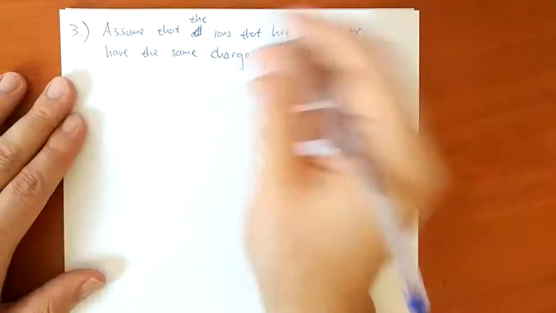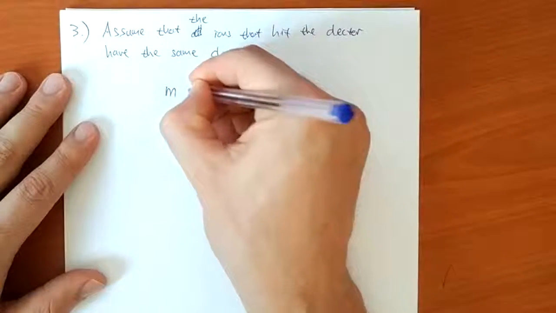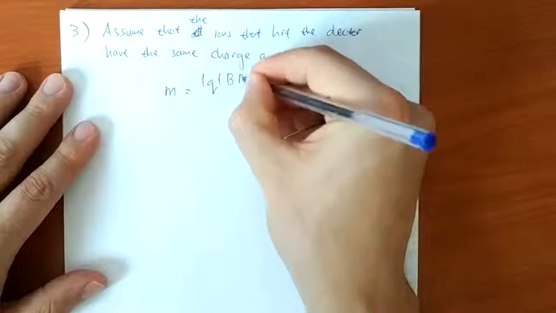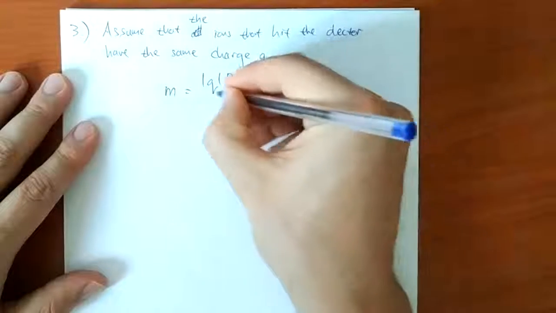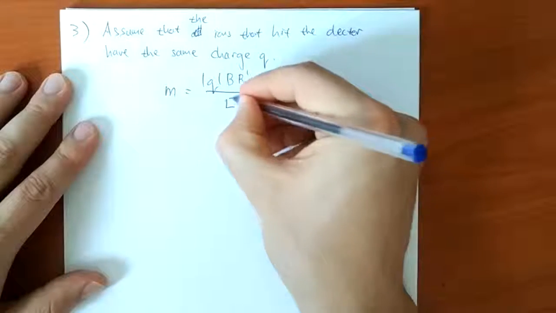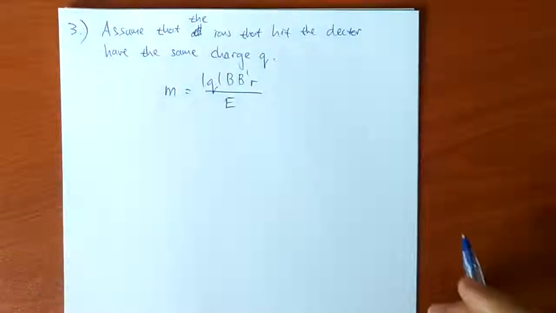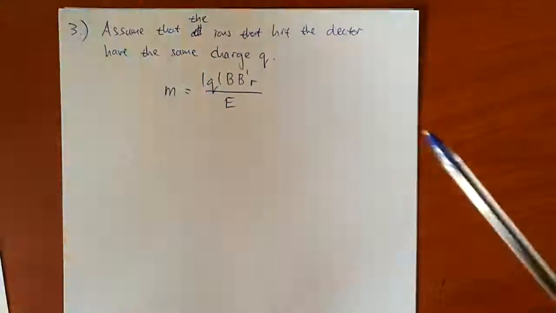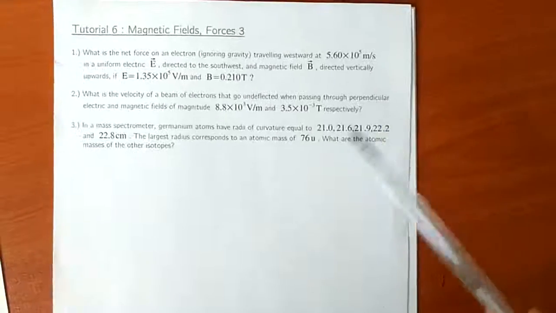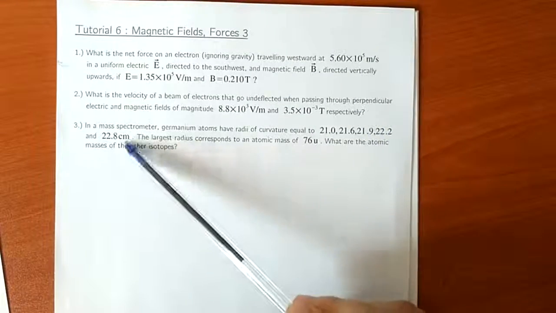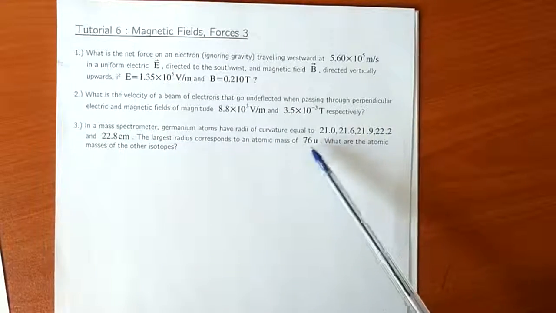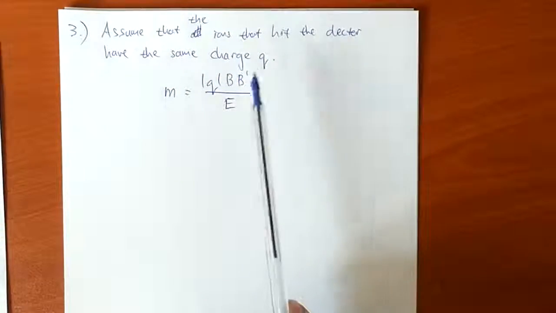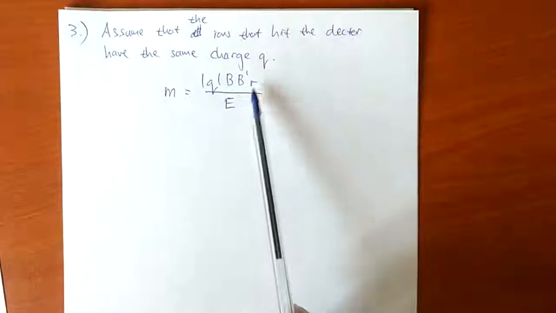Okay, so let's start with our formula. This is how everything relates: m equals Q B B prime R over E. Now, what do I know? I know that the largest radius, 22.8 centimeters, corresponds to 76 atomic mass units. So in this formula, I've got the m and the R value for one of them.